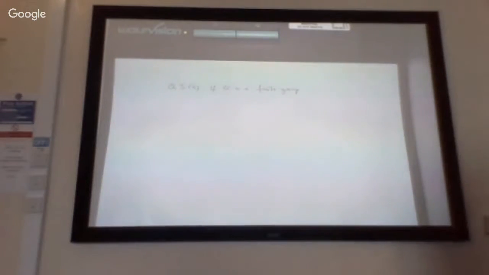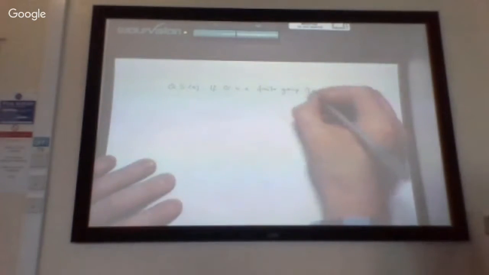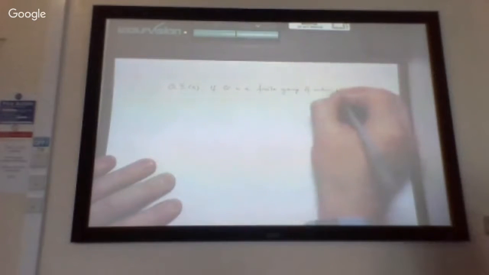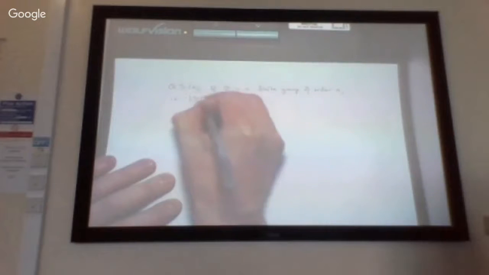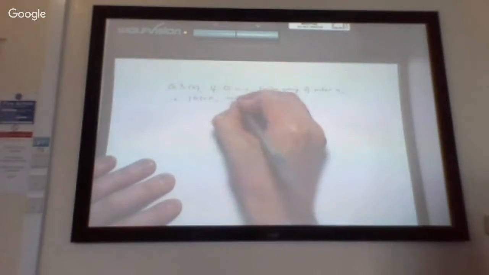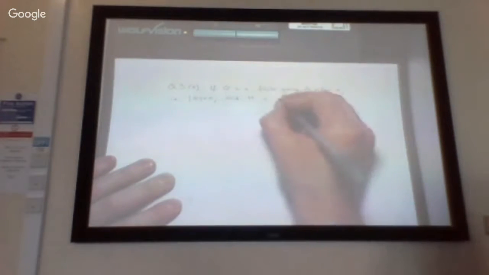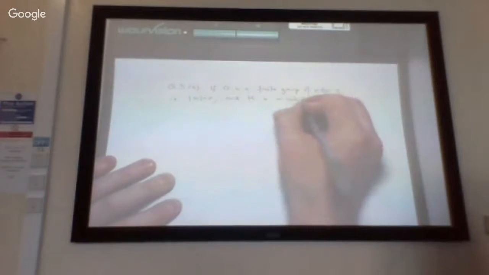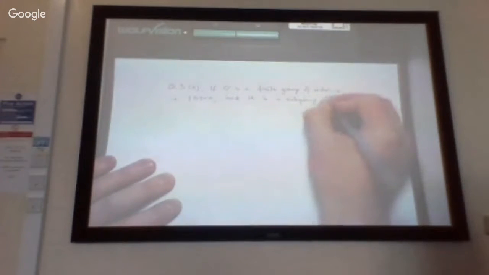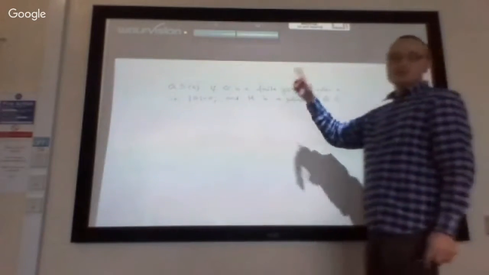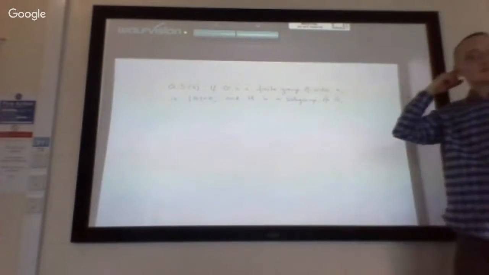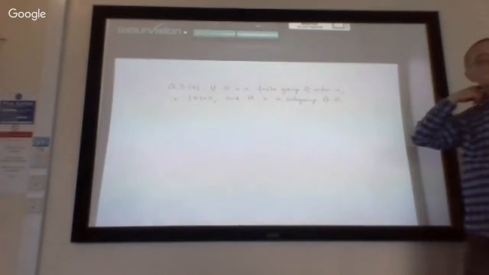So if G is a finite group of order n, i.e. order of G is n, and H is a subgroup of G, so it's certainly true that H is a finite group, because subgroups are, first of all, subsets.